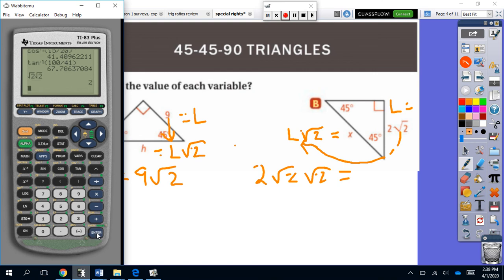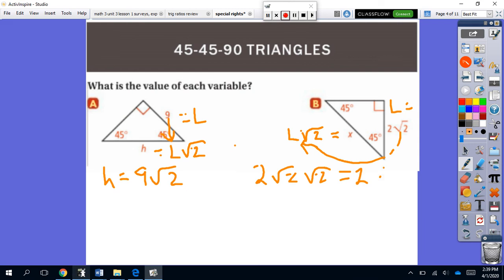That equals 2. That makes sense because when you multiply two square roots together, you get the square root of 4, and the square root of 4 is 2. So this is 2 times 2, which is 4. So x equals 4.